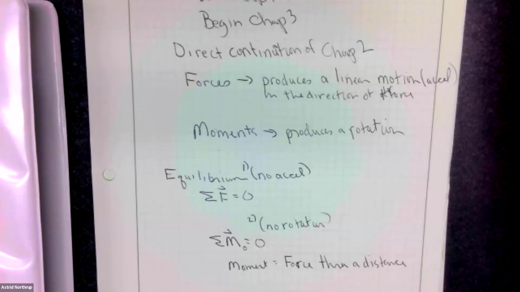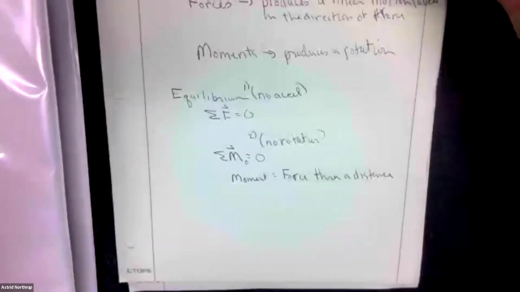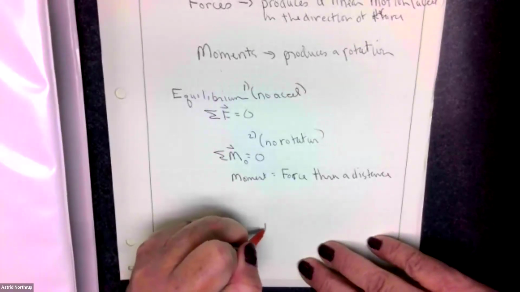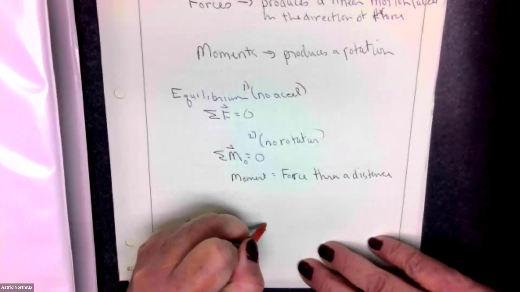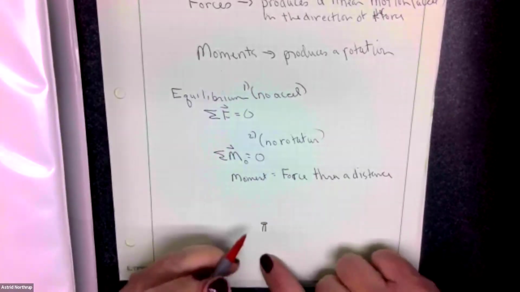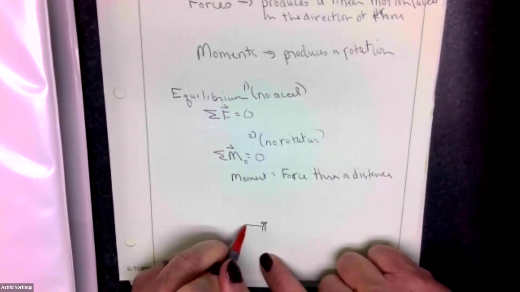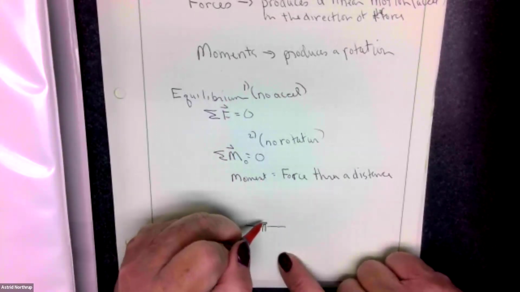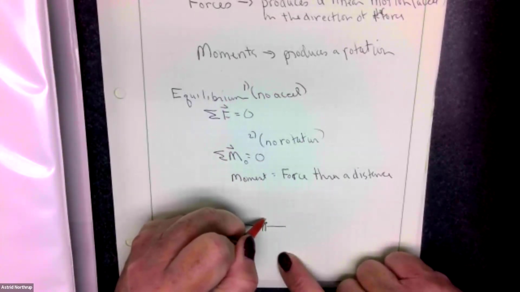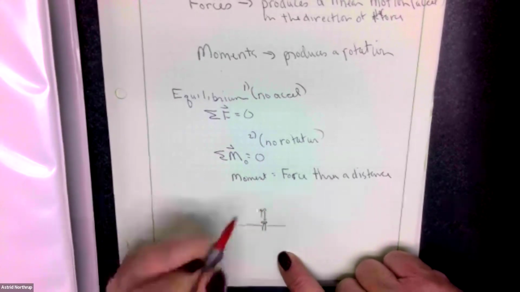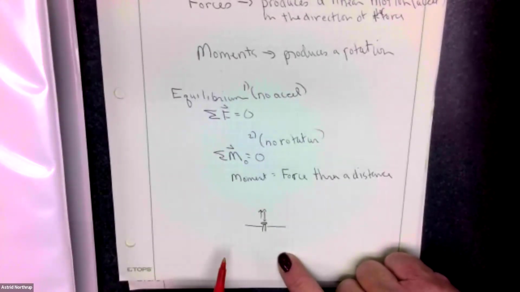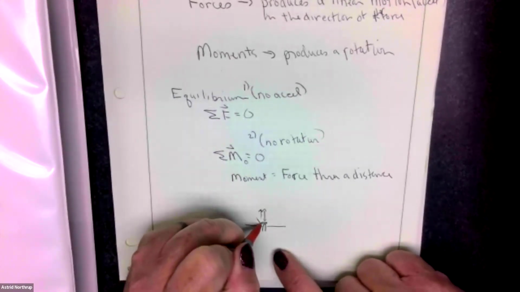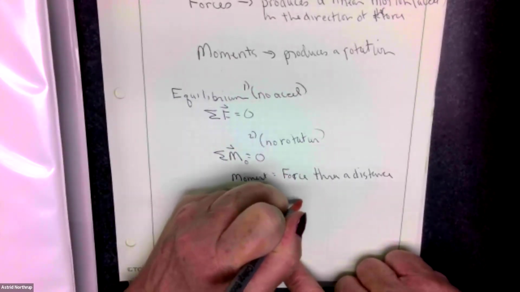Some examples of this would be, if you have a nail that is firmly embedded in the ground and you just took your little fingers and tried to pull that nail up, that would be very difficult because of many things. But let's just talk about the force.